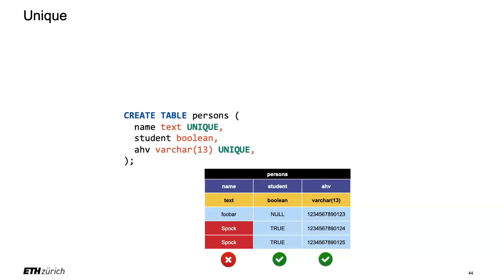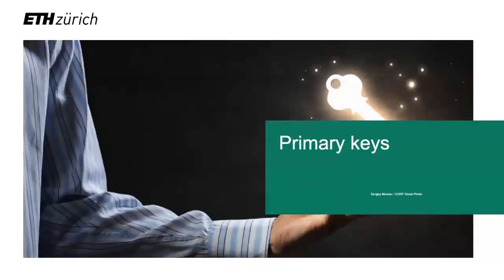And then you say unique parentheses name AHV. That would mean that it's jointly unique, right? I don't think I have an example here, but I think that you can really do it either on a single attribute or on multiple attributes, right? Did that answer your question? Yeah? All right. It would just be on a separate line.